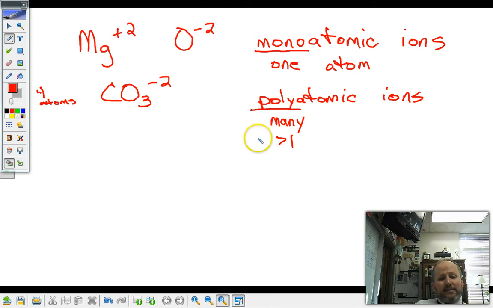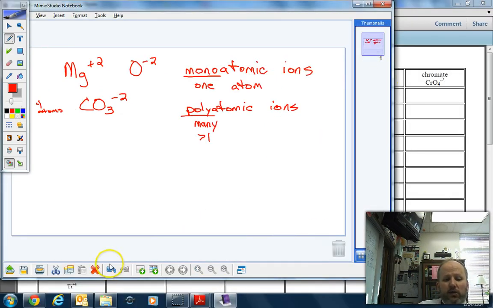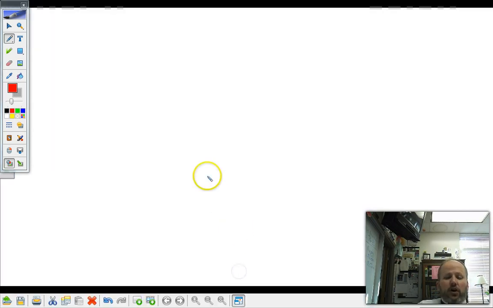It's still a polyatomic because it has more than one. Polyatomic ions make us do something just a little different, but we will add something to our flow chart that will show us when and why we do that. So let's just show a couple examples and show why this is a big deal.